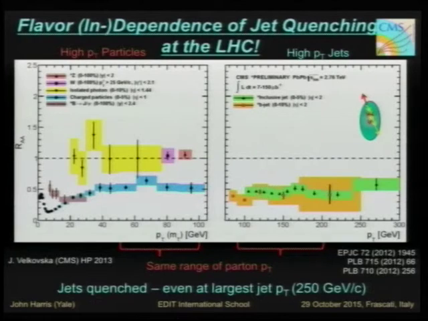Now, if we just look at particles on the left, we saw this for the charged particles out to 100 GeV, this suppression. And we saw this for the W and Z and photons, the lack of suppression. If we extend this over and look at high transverse momentum jets, then we see that inclusive jets are in green here.